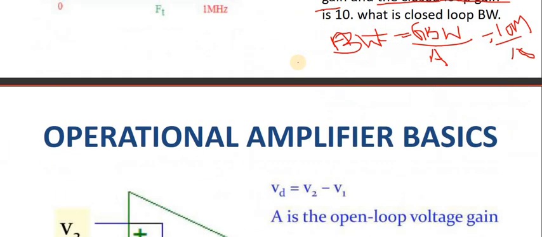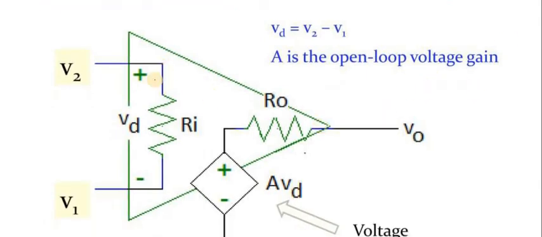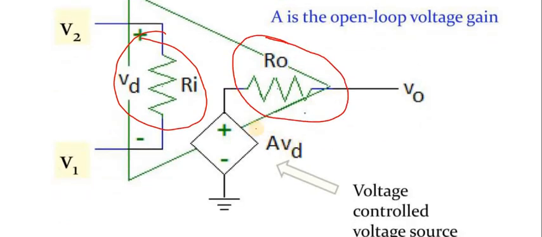Next is the equivalent circuit representation of an ideal op-amp. See, this is Ri, the input resistance, Ro, the output resistance, and here a voltage controlled voltage source is kept.